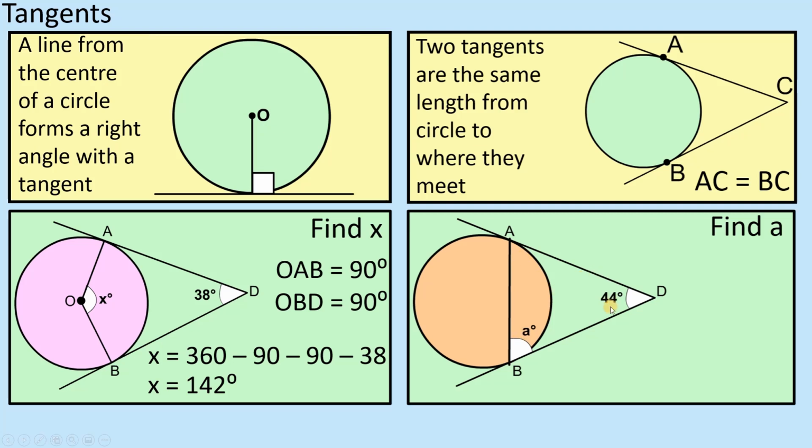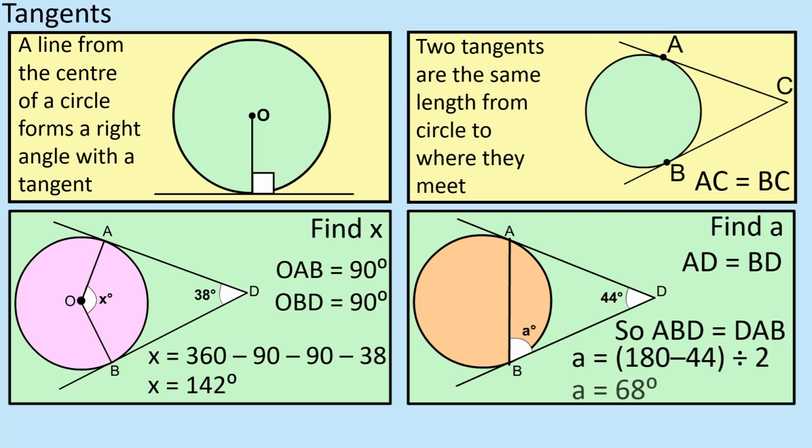So 180 minus 44 divided by 2 is going to be 68. So that'll be 68 and that'll be 68.